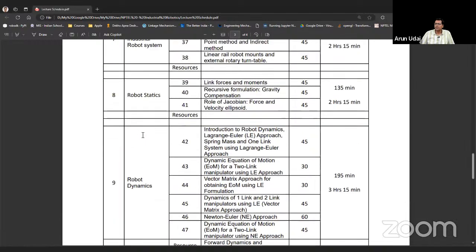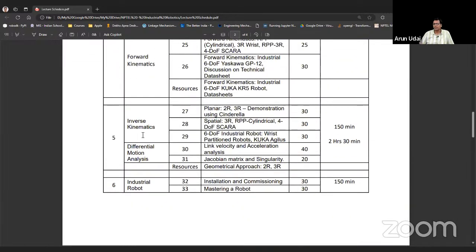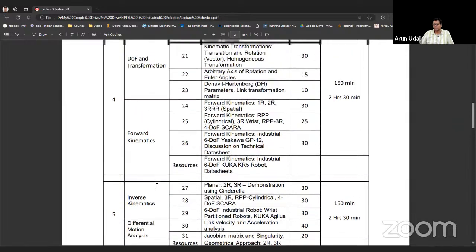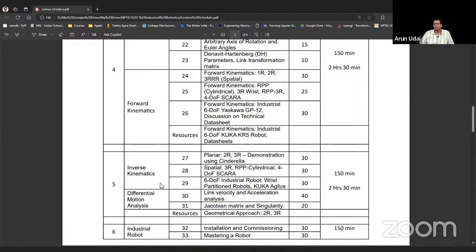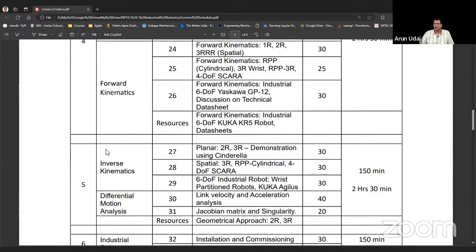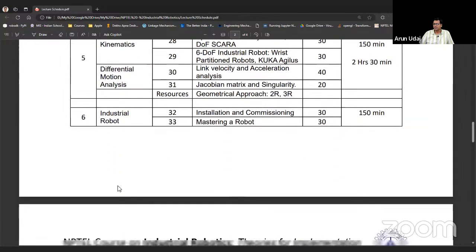So far we have already done almost all of traditional robotics that is in quite a lot of syllabi, and universities are covering that: degrees of freedom, transformation, forward kinematics, differential motion analysis, velocity, Jacobians and all.